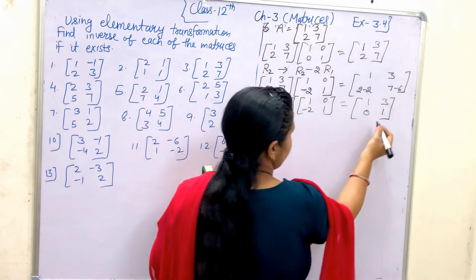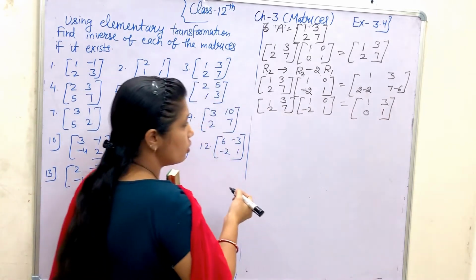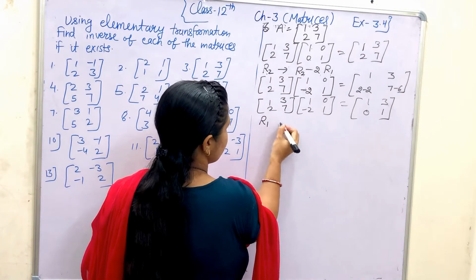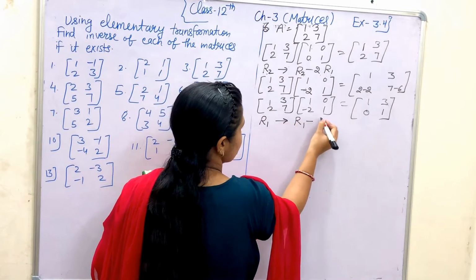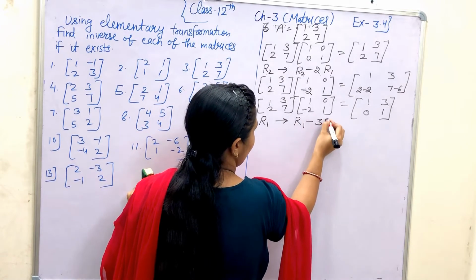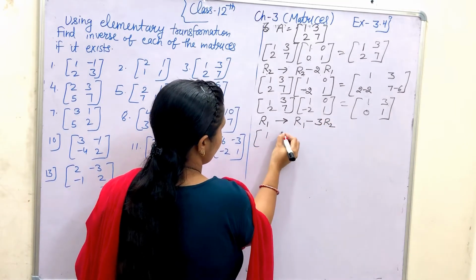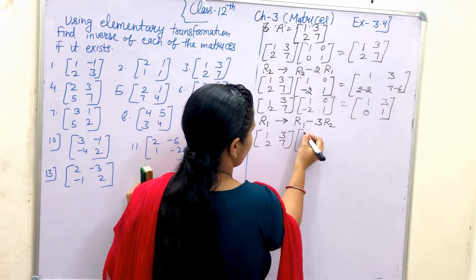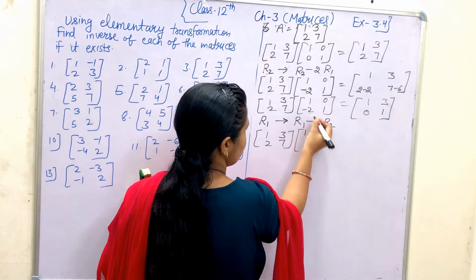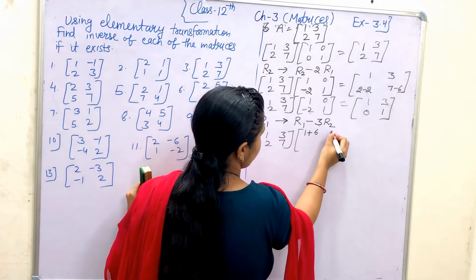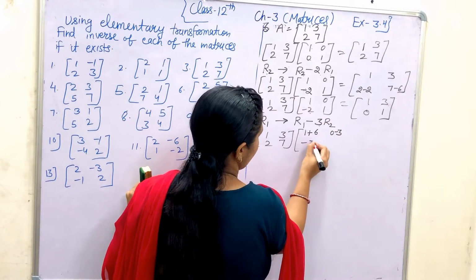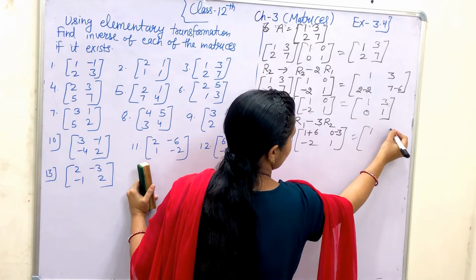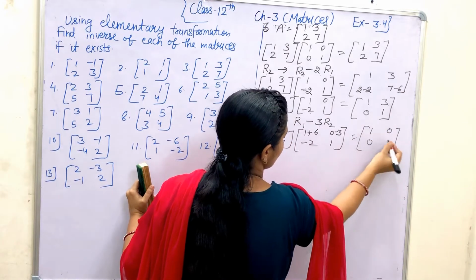Now we know that the A12 entry should be 0. How can we make it 0? By using R2: R1 minus 3 R2. R1 changes to 1 minus 0, 3 minus 3, 0, 0, 1, and 0 minus 3, minus 2, 1.